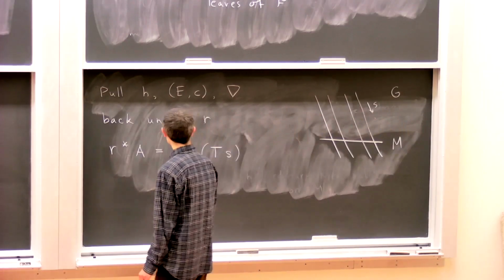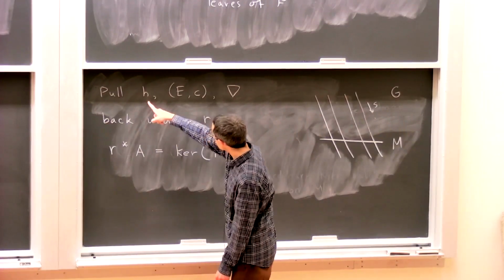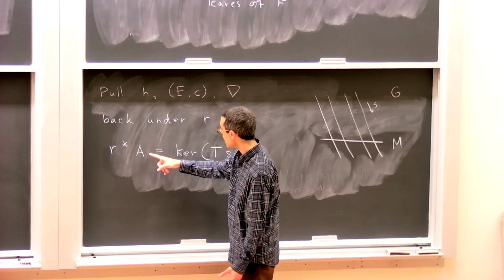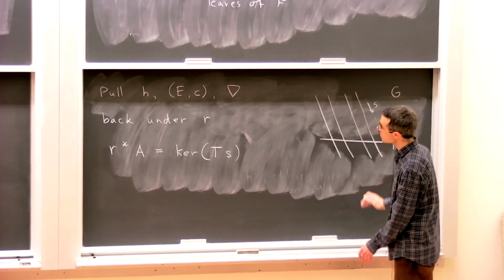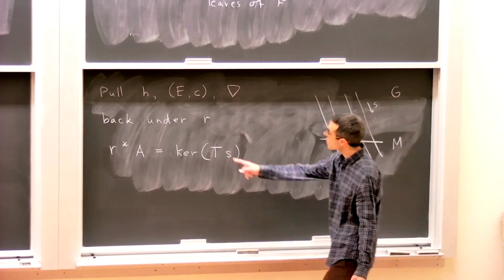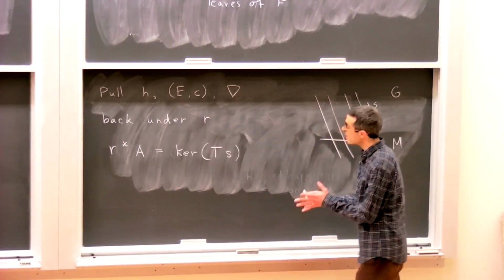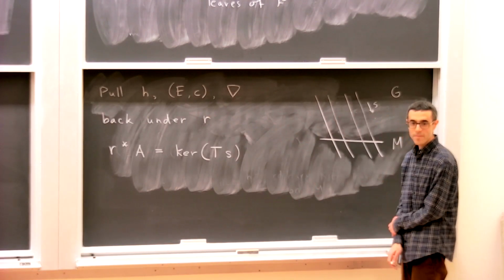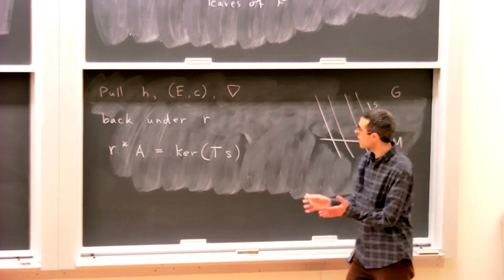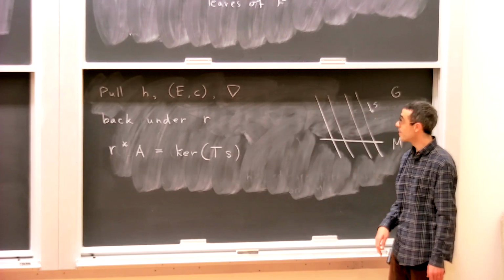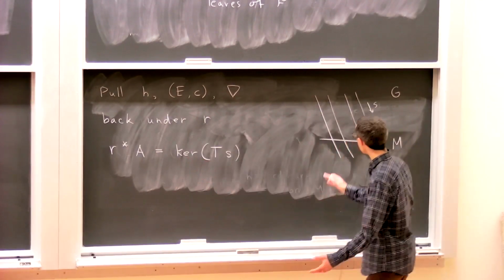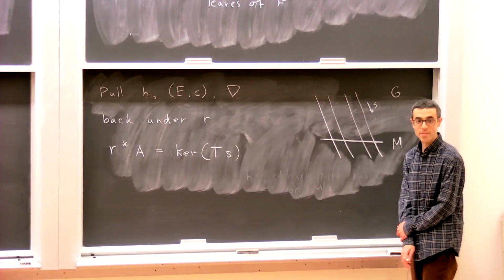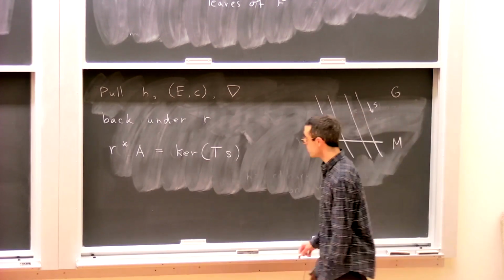And so what that means is that this metric on A or A star becomes a metric on the vertical bundle of this submersion. Likewise, this becomes a family of Clifford modules on the fibers of that submersion. The connection becomes a family of connections on the fibers of that submersion. And the Dirac operator becomes a family of Dirac operators on the source fibers.